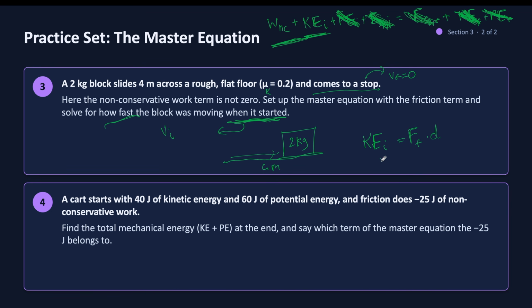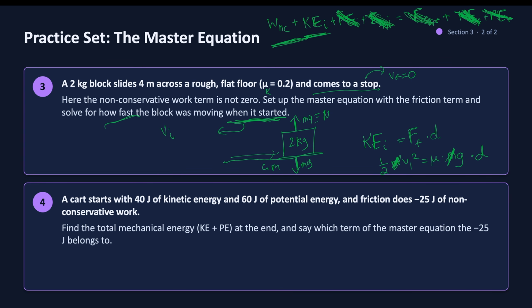So 1/2 m v initial squared is equal to mu times, there's going to be a lot of letters here, but luckily we don't have mg cosine there, because this is just gravity. It's just mg pulling us down, so we're going to match that up with it. A normal force equal to mg, because that's our normal force. Then times d. So we can divide by m on both sides.